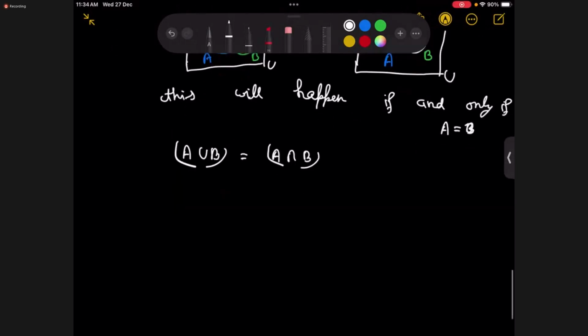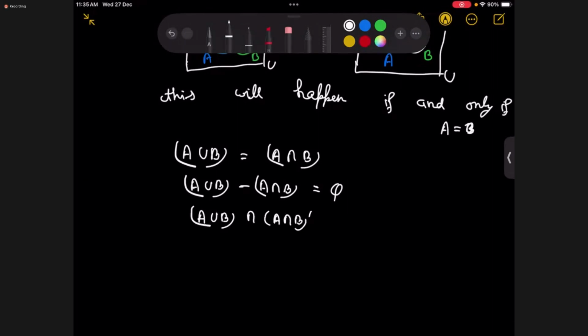Okay, so what about A union B minus A intersection B? This must be the empty set. So we will get A union B intersection A intersection B whole complement, equal to the empty set.